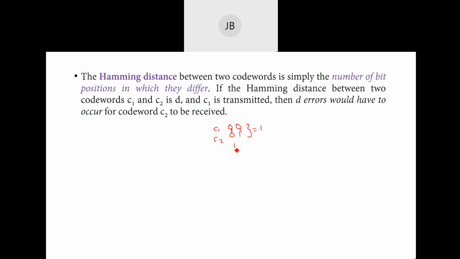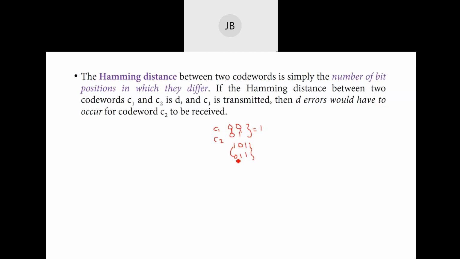Now another example is 101 and 011. So what is the Hamming distance in this case? Basically you have to find the bitwise differences. For example, this bit to this bit, what is the difference? There is one difference, right? Because this was 1, this is 0.